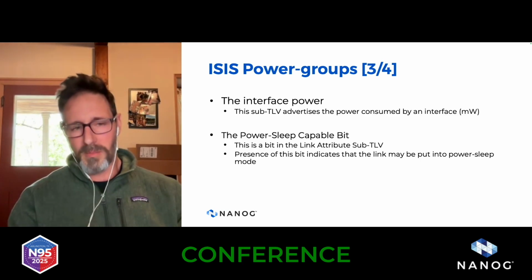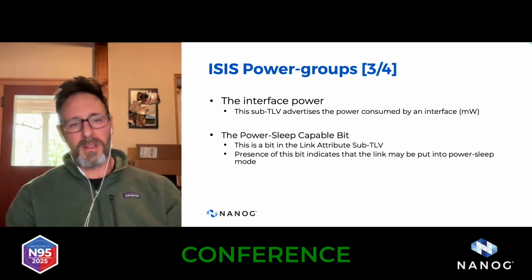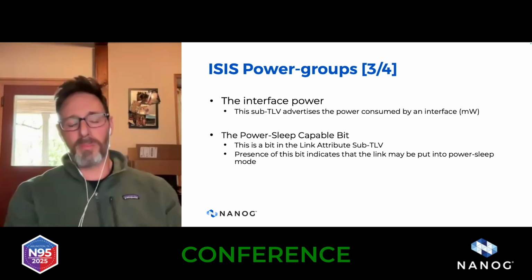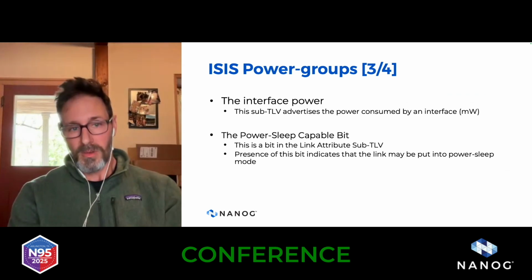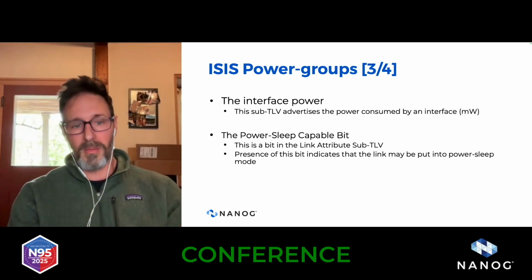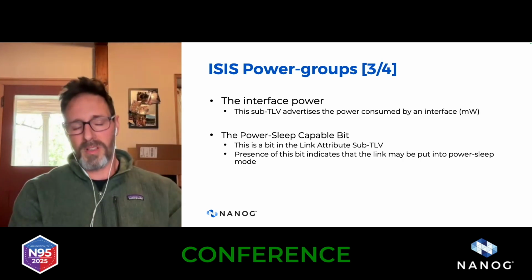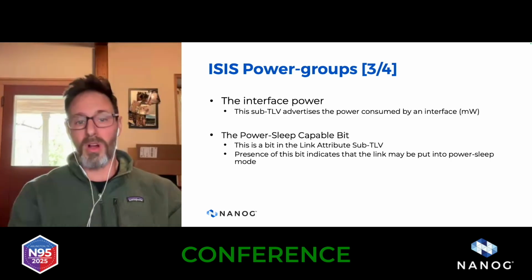It's worth a presentation by itself. But you can think for a moment that we need to be able to understand that an interface is capable of being put to sleep so that we can decide how to use it during path placement, whether to have it be a point of consolidation or whether it be something we starve.